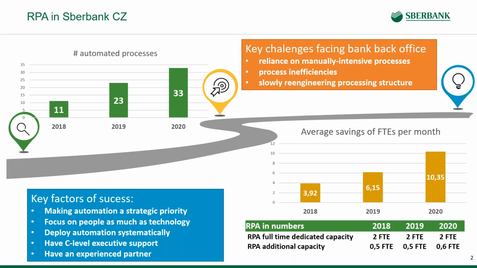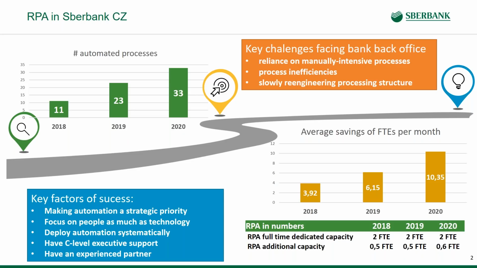And RPA proved in last 3 years that it can help speed up this manually intensive back office processes, cut cost, and eliminate errors. What I add, what we as a core team have learned during that period is that success with automation is achieved rather with systematic approach, with focus on roles and people as much as technology.